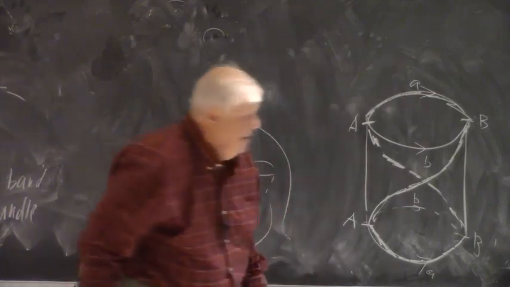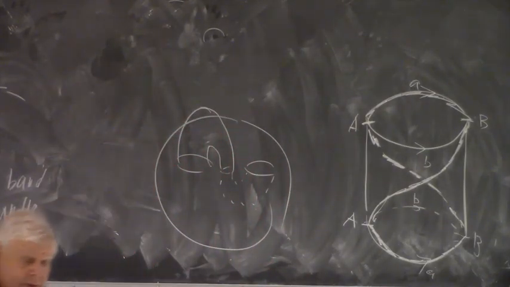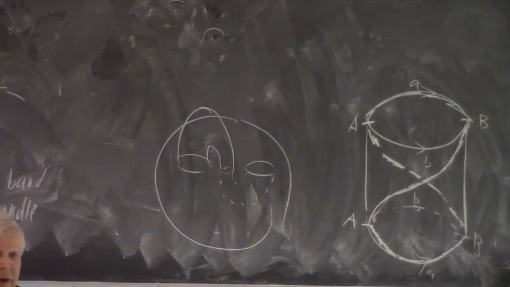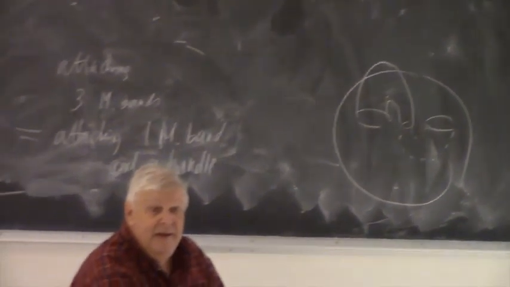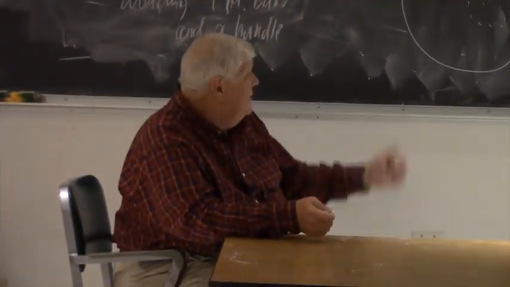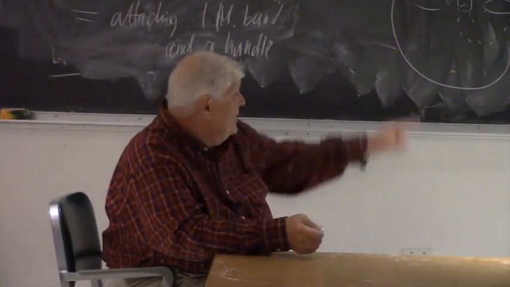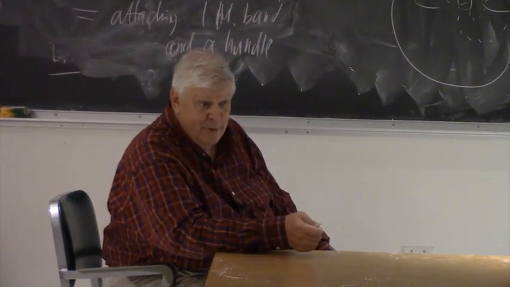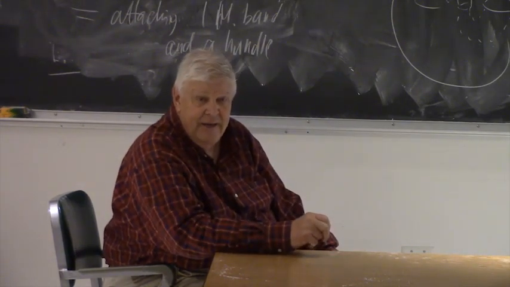Right? And you see this is a strip of rectangle with two sides attached to each other with the opposite orientation. So this is a Möbius band, and the remaining part is another Möbius band. Okay?